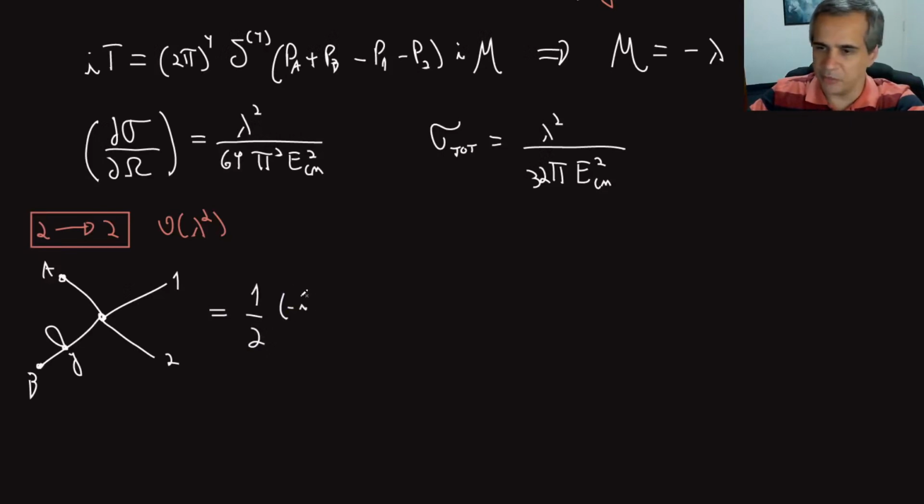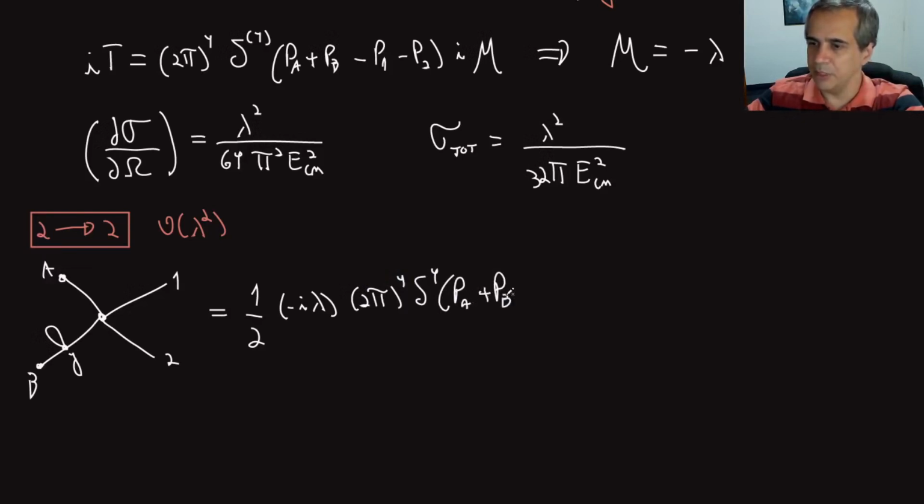I have a minus i lambda for this vertex, right? Total momentum conservation for the external momenta, pA plus pB minus p1 minus p2. Now minus i lambda for these other vertices.